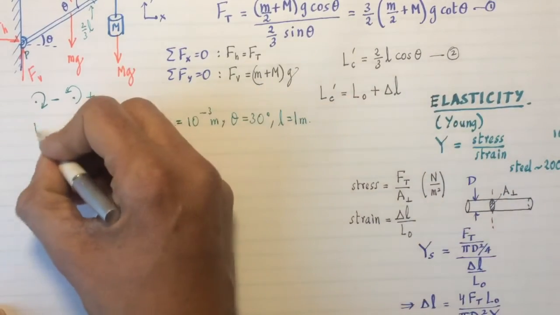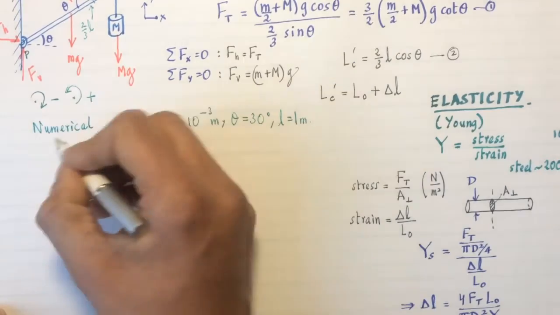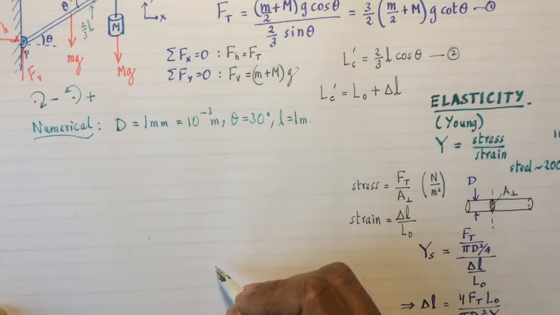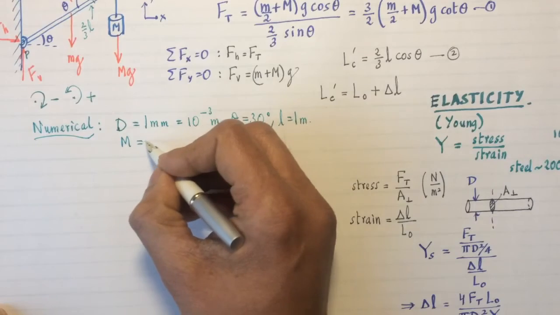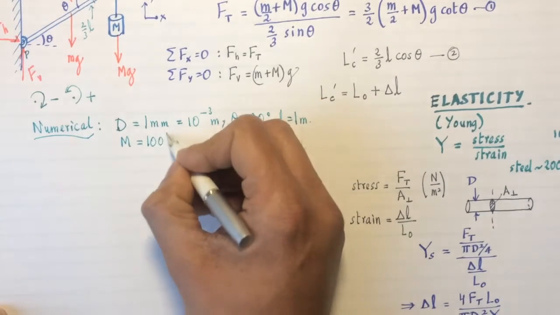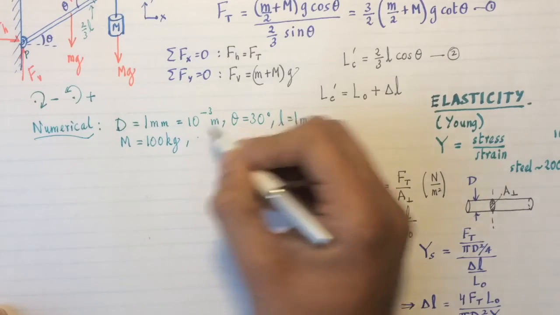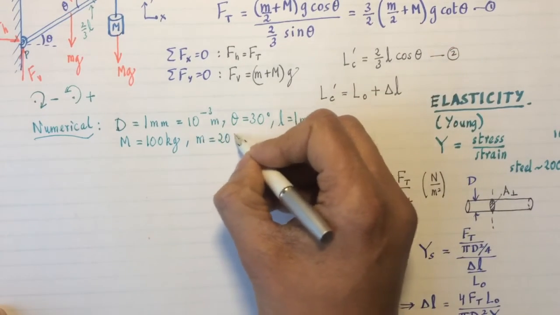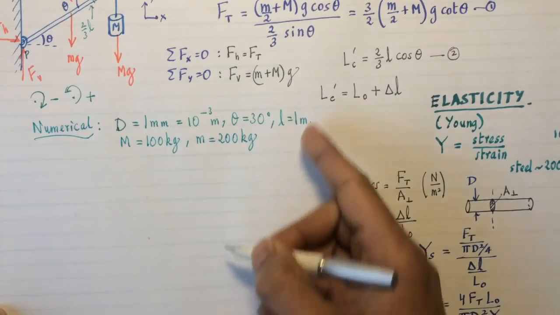So this is the numerical part of this problem. I just want to show you how big an effect you're going to get here. Now, just for the sake of fun, let's take the flag to be pretty massive, 100 kg, and the flagpole, because there's an m over 2 there, I'm going to take the flagpole to be 200 kg. So this is really, really heavy for a 1 meter object.